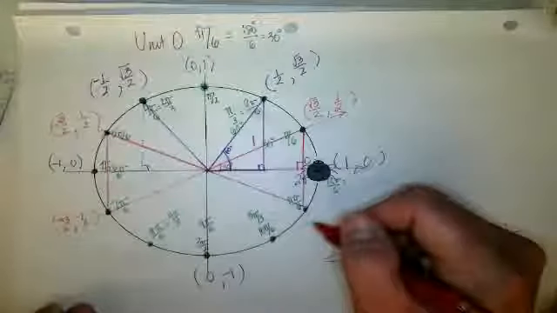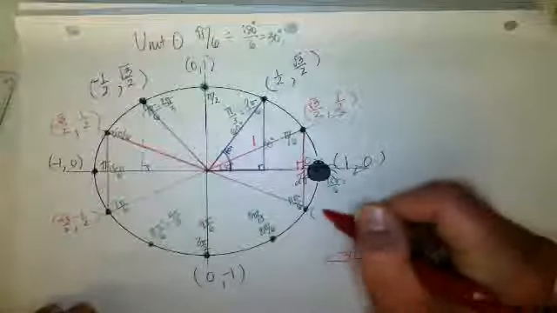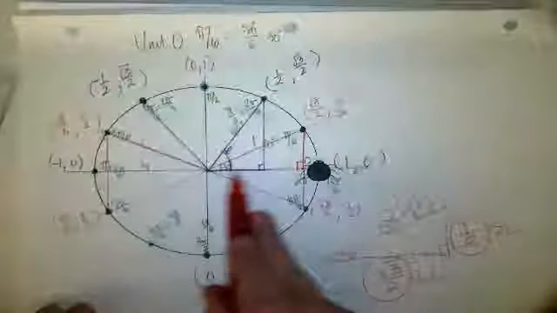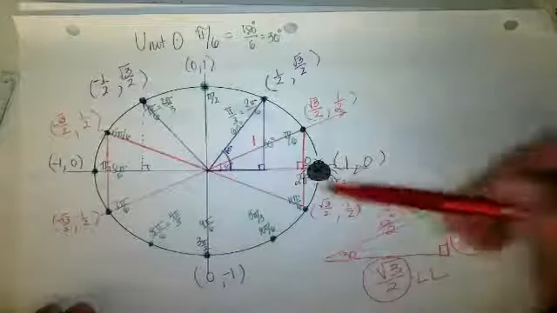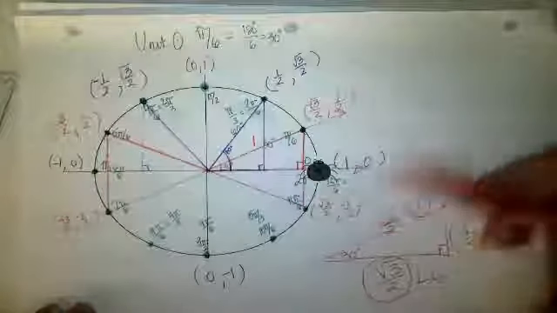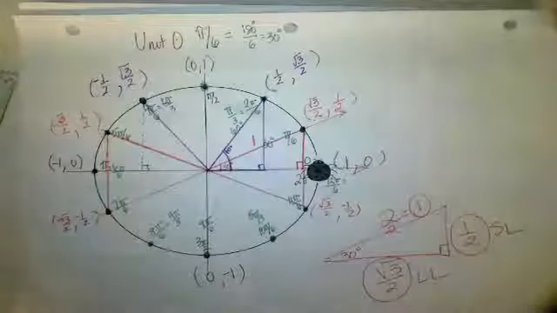Negative, negative. And then over here, radical 3/2 and negative 1/2. Again, long leg in the x direction, short leg in the y direction. Going downward, it's negative. Bow ties, butterflies.